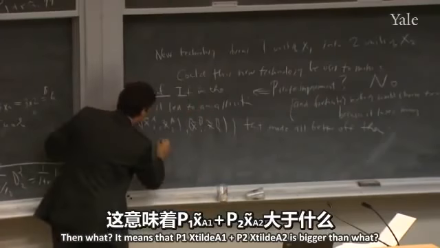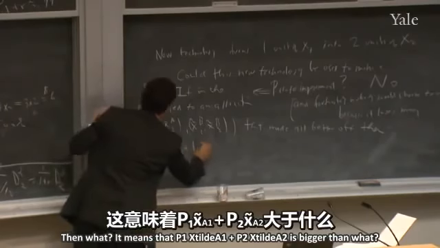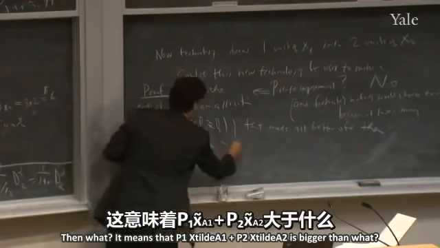Then what? It means that P1 x twiddle A1 plus P2 x twiddle A2 is bigger than what?